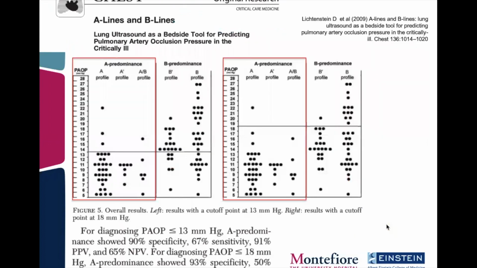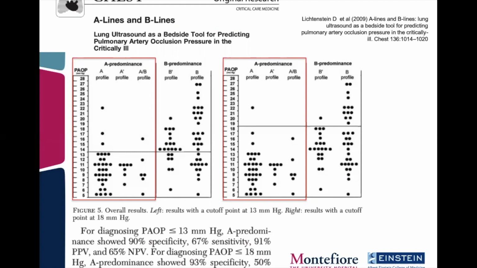Moving on, so this was a study looking at lung ultrasound for predicting pulmonary capillary wedge pressure. This involved 102 consecutive patients who were mechanically ventilated, all of whom underwent pulmonary artery catheterization. Lung ultrasound was used to evaluate for the presence of A lines and B lines.